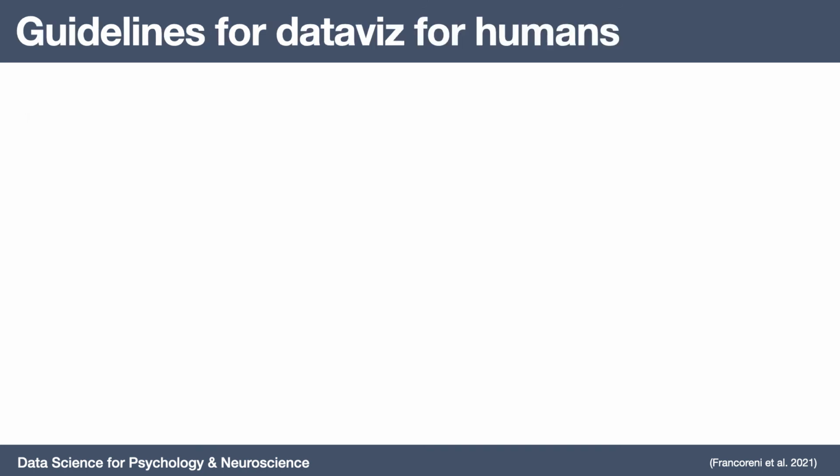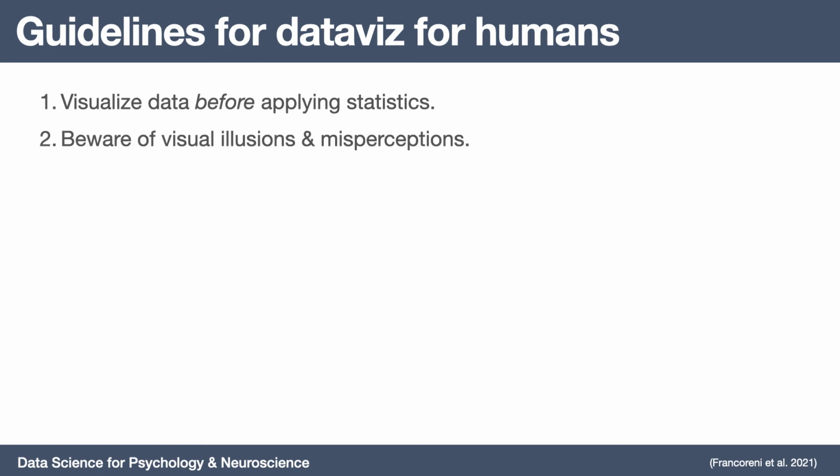Now, let's just tie everything together with the guidelines that we've gone over for data visualization for humans. Visualize your data before applying statistics. You always want to take a look at how to present your data and try to understand your data visually before applying any statistical models. Beware of visual illusions and misperceptions.